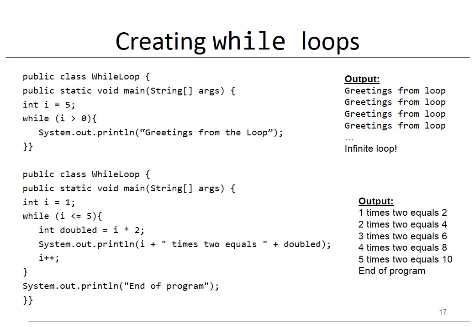In the second example, we start from I equal to 1. As long as I is less than or equal to 5, we calculate its double value, and print both I and its double value to the console. We then increase I with 1 unit and continue with the loop until the condition is no longer satisfied. Once the while loop has finished, the message "End of program" is printed.